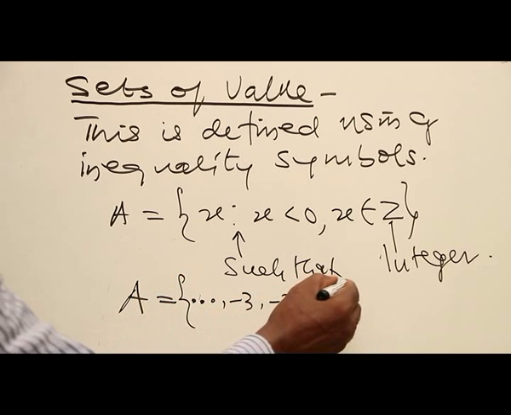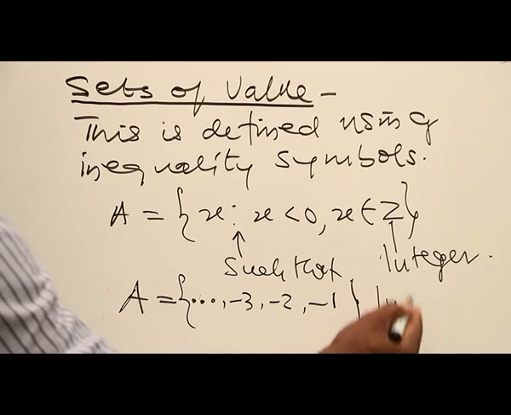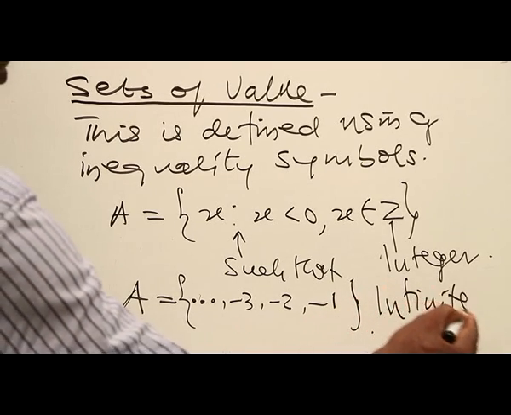And we can close it like this, meaning that it's an infinite set. It continues ad infinitum. It has no end. It's not countable. So we have represented the set A using the inequality symbol, and we have also listed the elements of it, and we have found out that this is an infinite set.